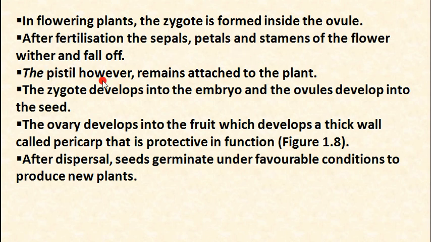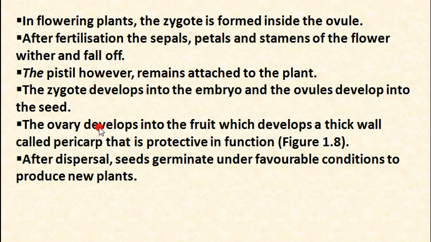Now the pistil, however, remains attached to the plant. The zygote develops into the embryo and the ovule develops into the seed. Now the ovary develops into the fruit.